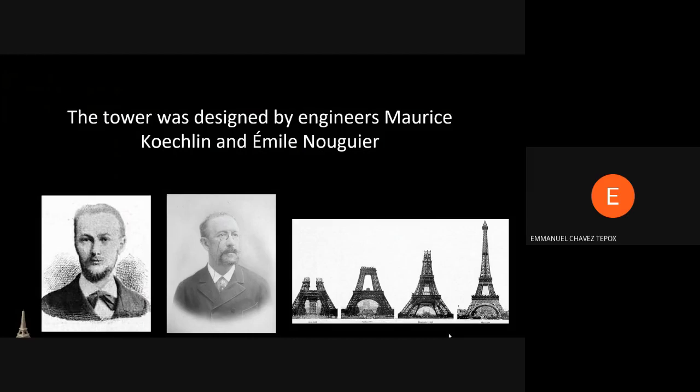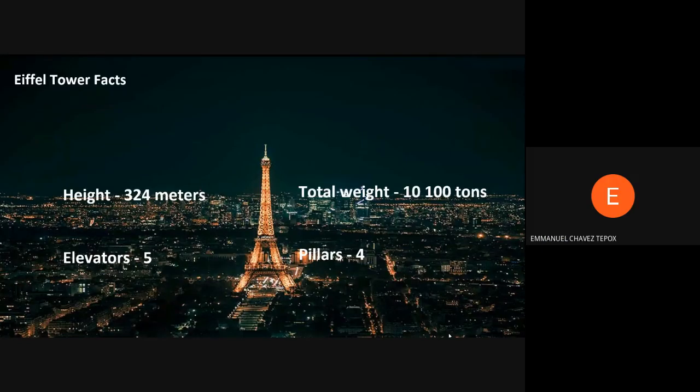Next. Okay. Eiffel Tower facts. Height 324. Total weight 10,100. Elevators 5 and pillars 4.